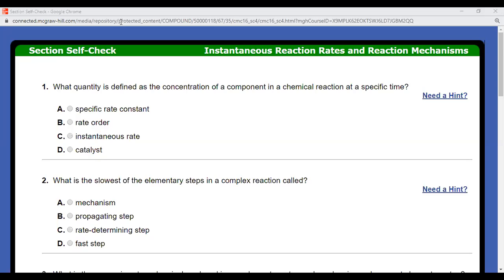Specific rate constant, rate order, instantaneous rate, or catalyst? Instantaneous rate. Okay.